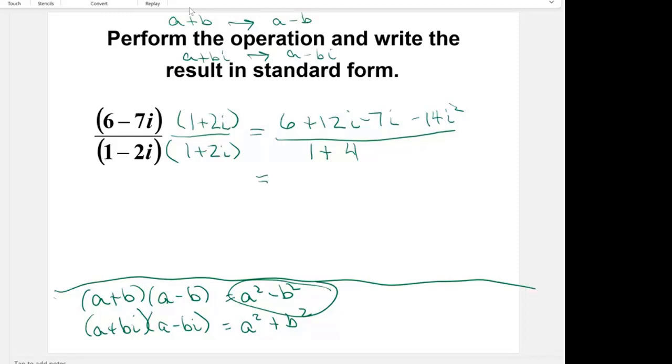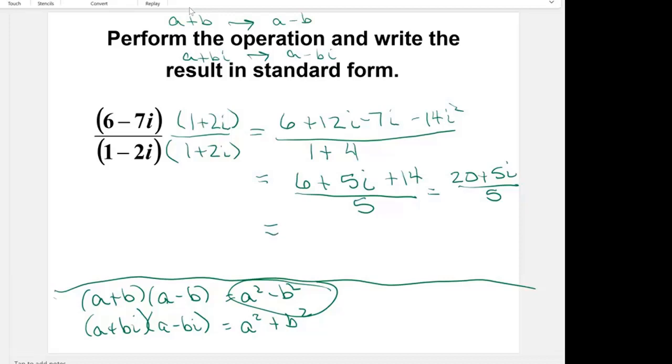Yep. Perfect. So here I have 6 plus 5i, and I have minus 14i squared. i squared is negative 1, so that turns the 14 positive. And then I have divided by 5, which is going to equal 20 plus 5i divided by 5.